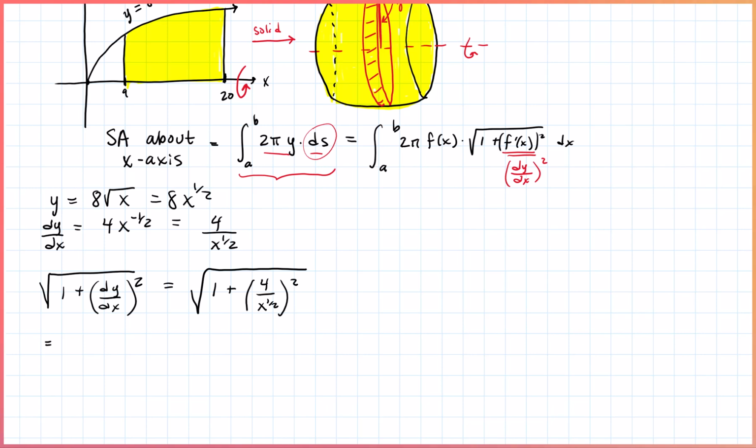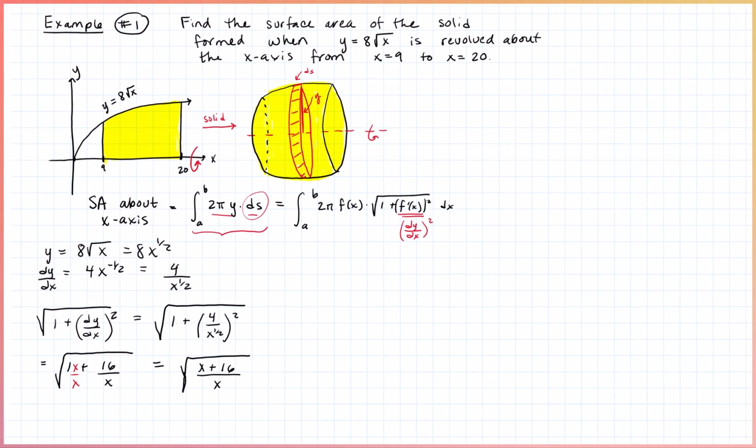And that's going to give us the square root of 1 plus 16 over x. I'm going to go ahead and find a common denominator there. We've got x. That's going to be the square root of x plus 16, big square root actually, all over x. And that's what I'm going to pop into my surface area formula.